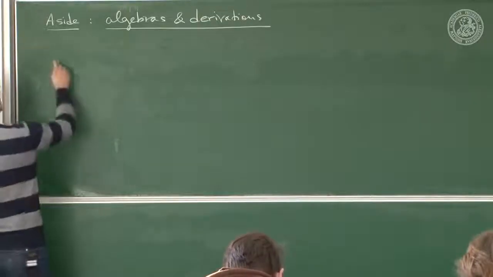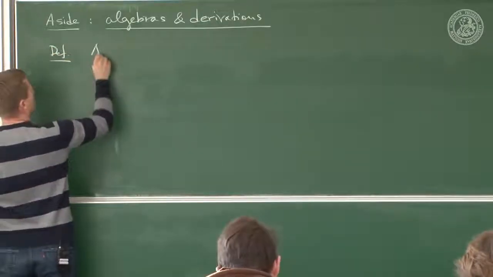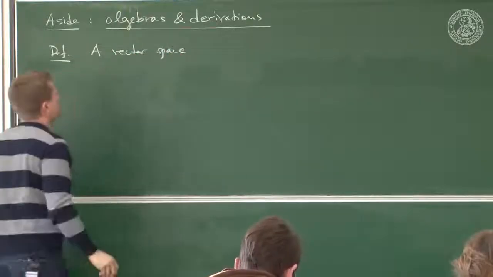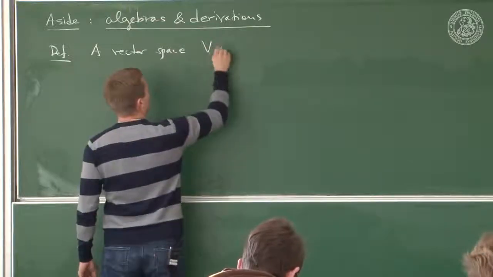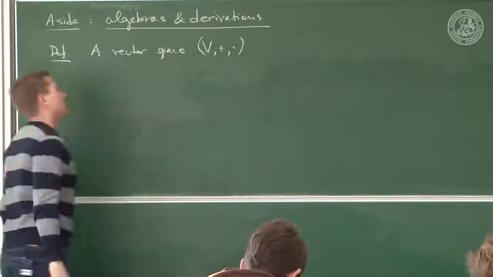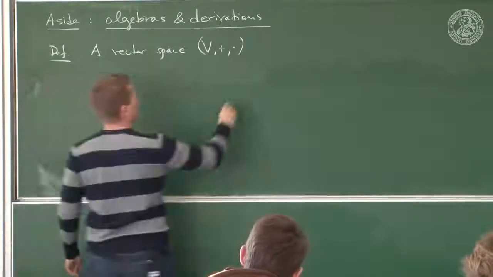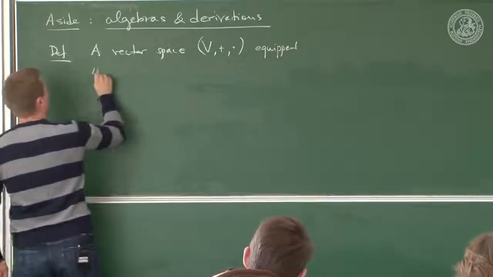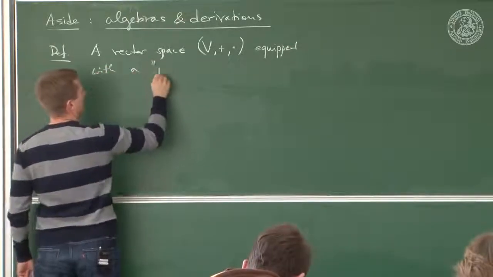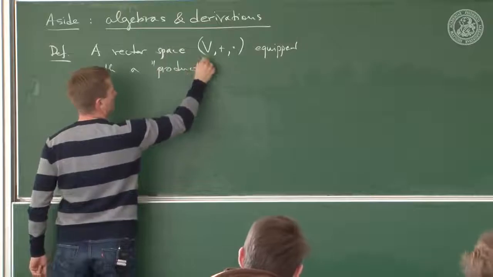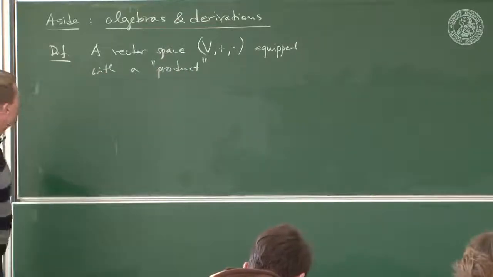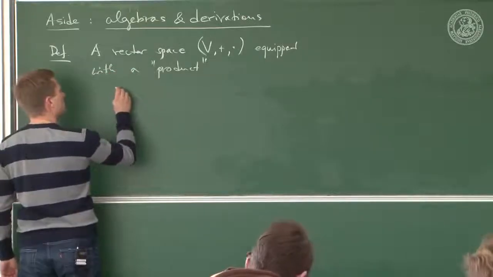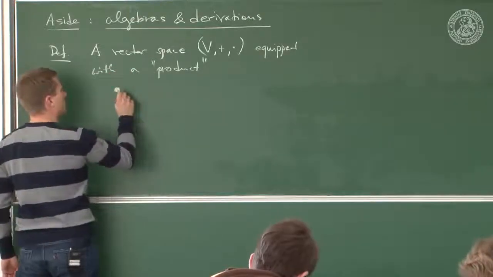The definition that we need is the following: a vector space V, plus and scalar multiplication, equipped with a product. This can take various shapes or forms, and we'll meet several in the future. Let me call this product simply big blob.